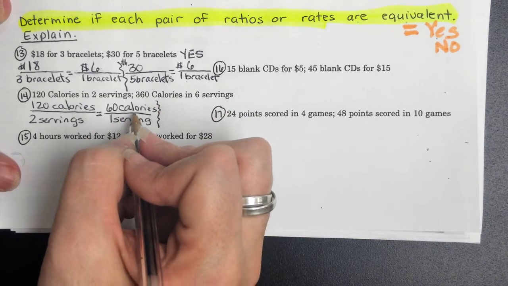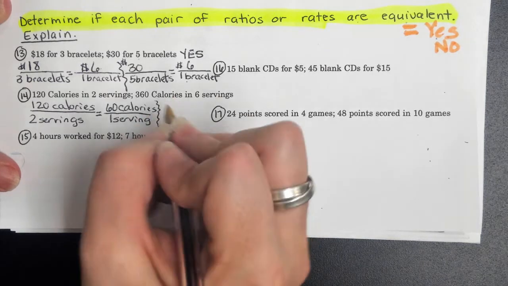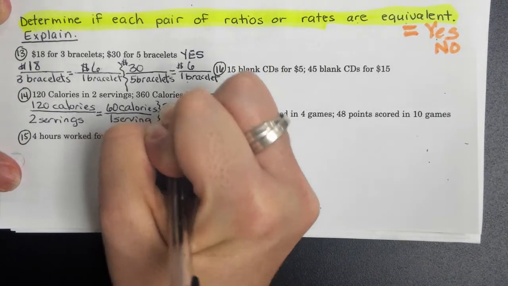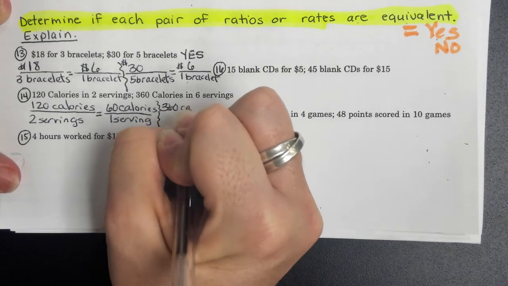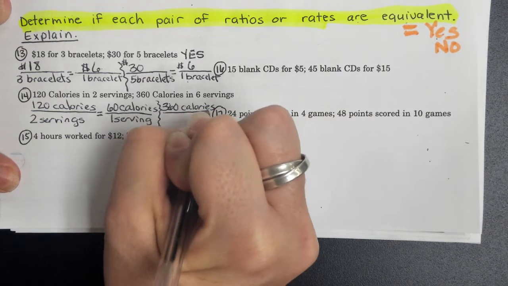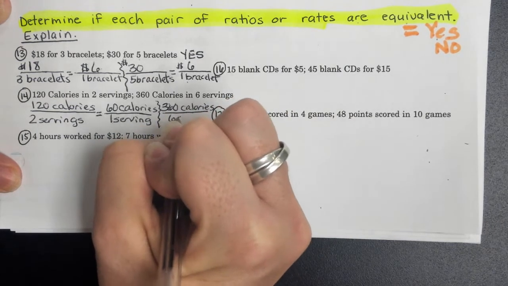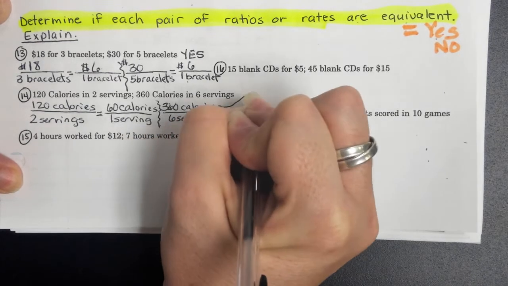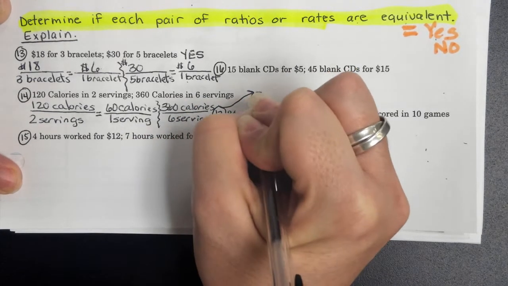Okay? Now, I'm going to do the second one. 360 calories for 6 servings. And I'm going to do it over here, I guess, because I ran out of room.